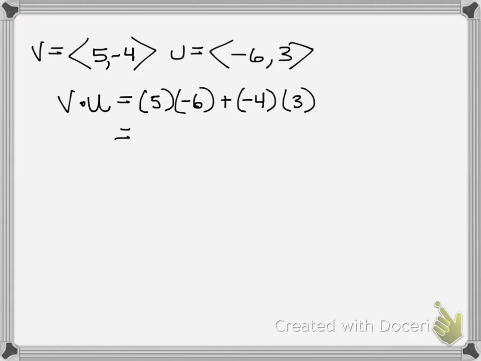That would be negative 30, negative 12, so negative 42 would be the dot product. Okay? So that's a dot product. It's going to come up in another application that I want to look at in this section, which is called a projection.